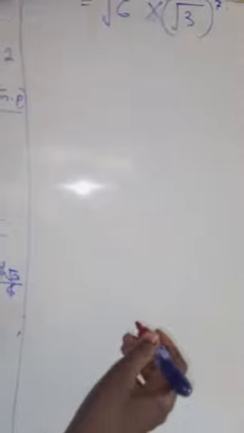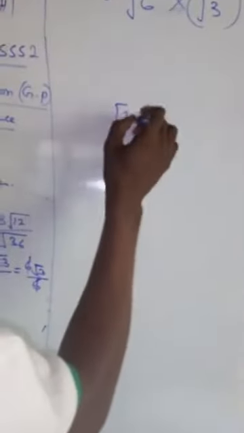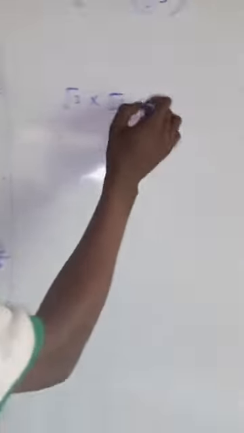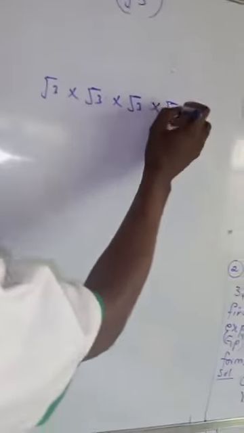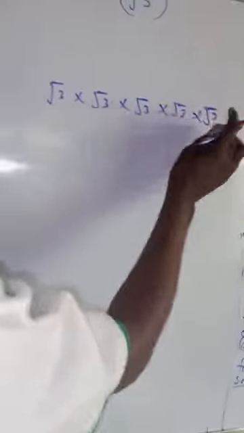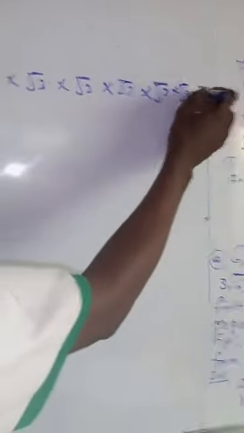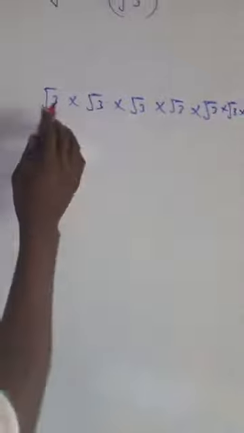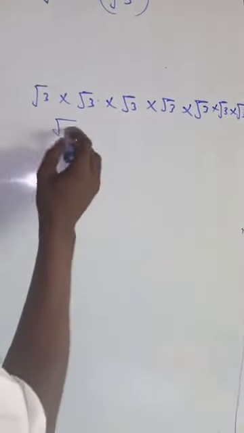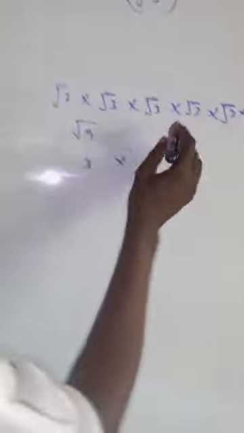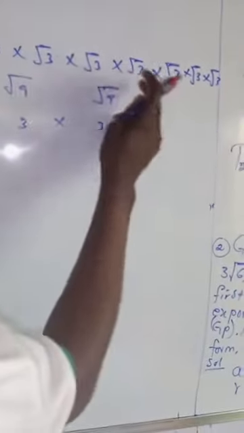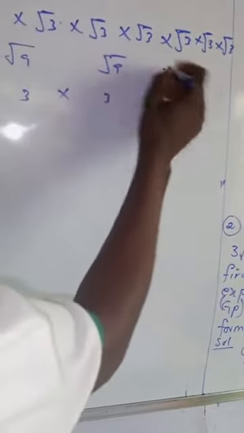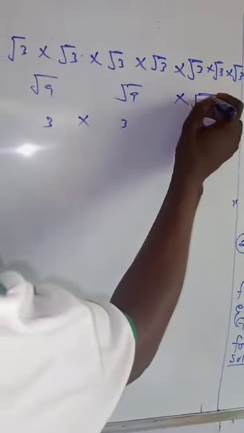The meaning of this is root 3 times root 3 times root 3 times root 3 times root 3 times root 3 times root 3. So this 2 will give me root 9, which is 3, times this 2 will give me root 9, which is 3. This 2 will also give me root 9, which is 3. Then we'll now have root 3 at the end.